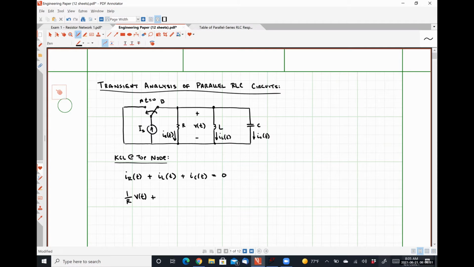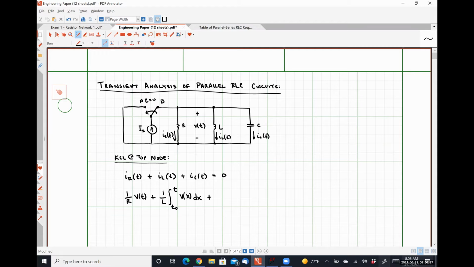Let's see, the voltage drop over an inductor is going to be, I'm trying to remember if this is the derivative-based relationship or the integral-based relationship, because I haven't done this in 3 months. I think it's the integral. Yeah. 1 over L integral from T naught to T of V of x dx, where x is just a dummy variable for time.